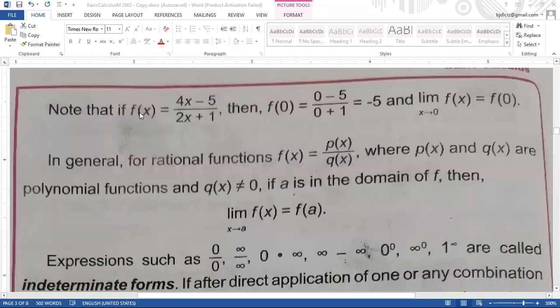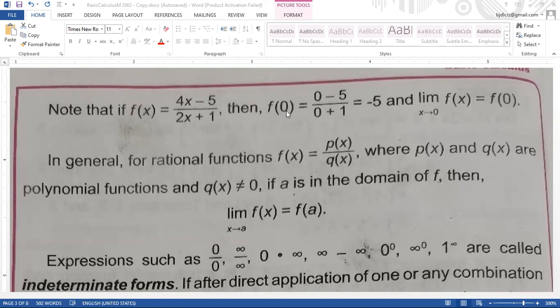Okay, so note that if f of x is equal to 4x minus 5 over 2x plus 1, then f of 0 is equal to 0 minus 5 over 0 plus 1, which is equal to negative 5. And also, the limit of f of x as x approaches to 0 is equal to f of 0. So equal daw ang limit of f of x as x approaches to 0 sa ato ang f of 0. Kaning f of 0, gisolve na to siya.